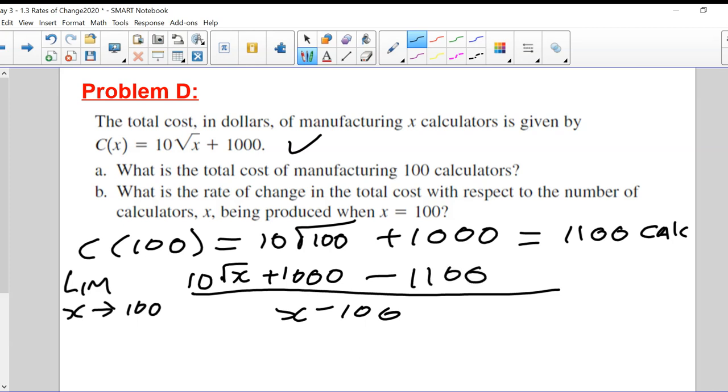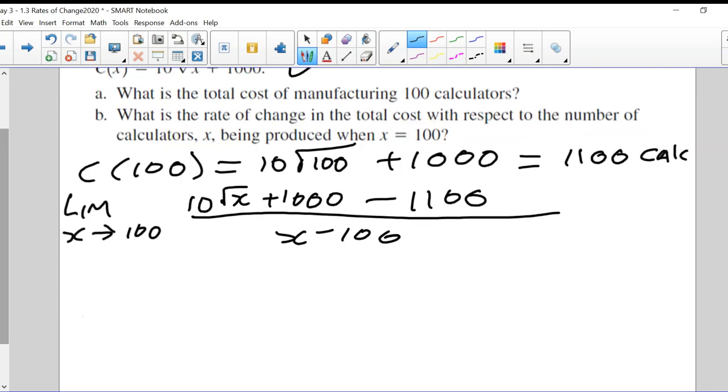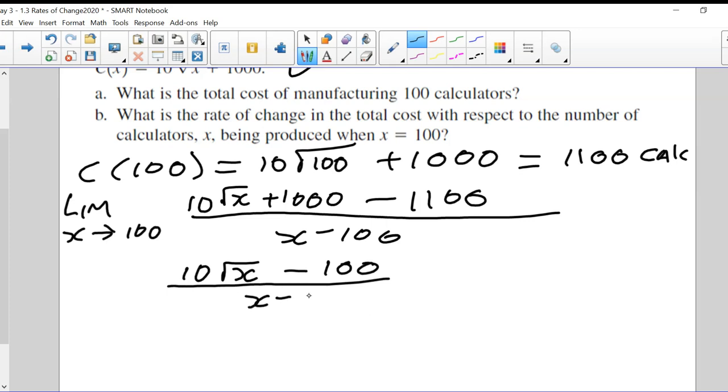So we're subtracting that from it. So let's simplify this a little bit. So it would be 10 root x. Now that plus 1,000 minus 1,100 looks to me like we're getting minus 100. Okay, all of that over x minus 100. And again, I'm going to be asking what's the limit as x approaches 100.